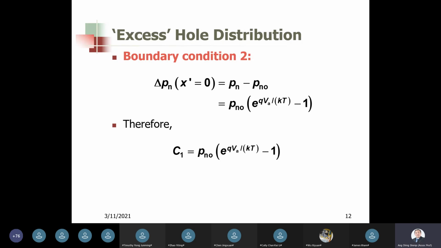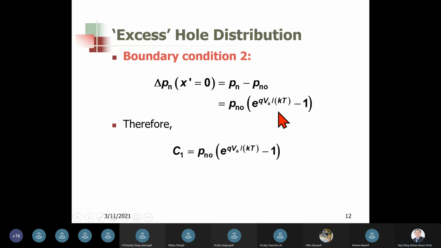Now, to determine C1, we can use the other boundary, which is at the edge of the space charge region. Remember earlier, in the earlier chapter, I derived an expression while quantifying the change in the minority carrier concentration at the edge of the space charge region. And this can be written like this for the delta Pn.